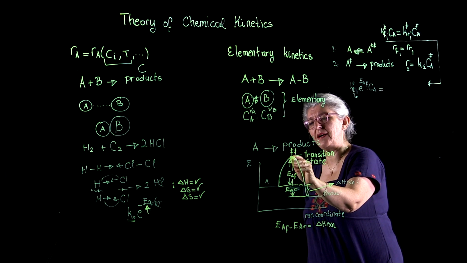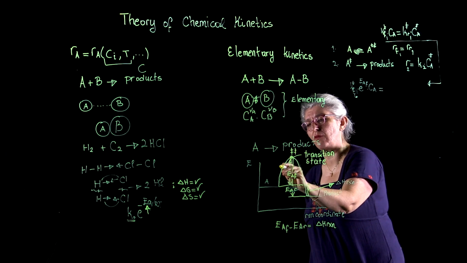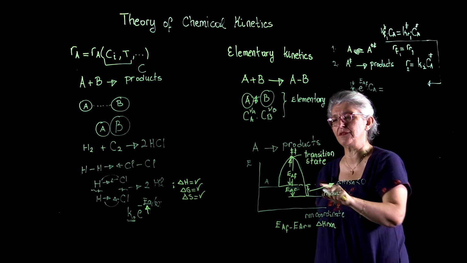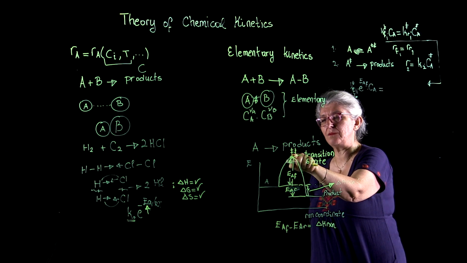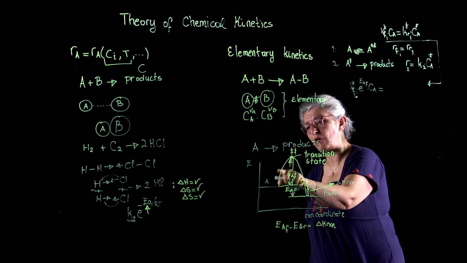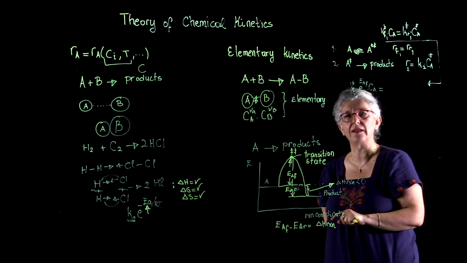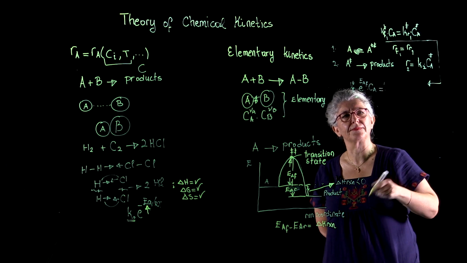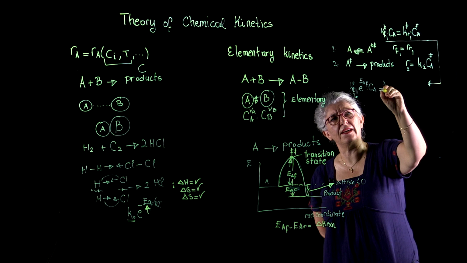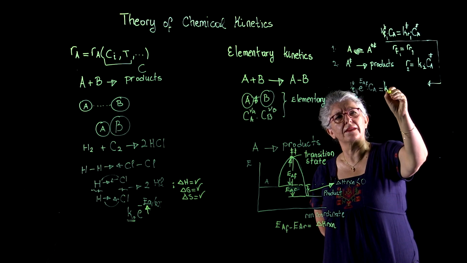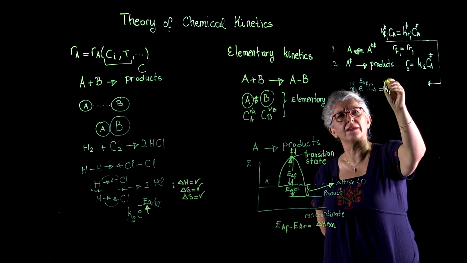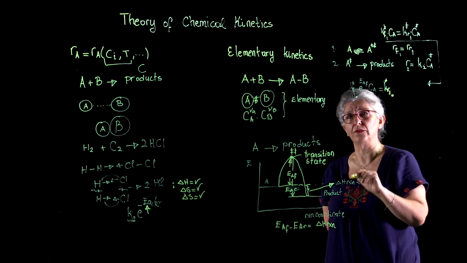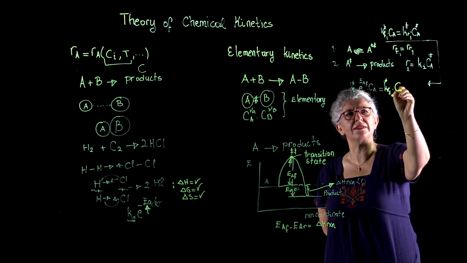Now you see when my transition state is rolling over to A, it does so without an activation barrier. If this transition state molecule wishes to roll back to A, it doesn't have to overcome any barriers. So this is K reverse 1, 0, with no activation barrier, times CA dagger.